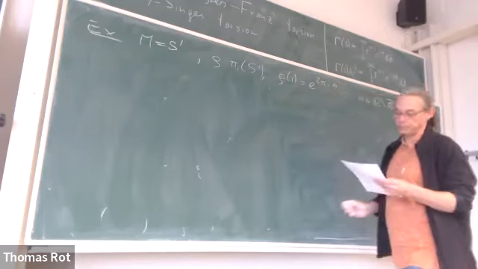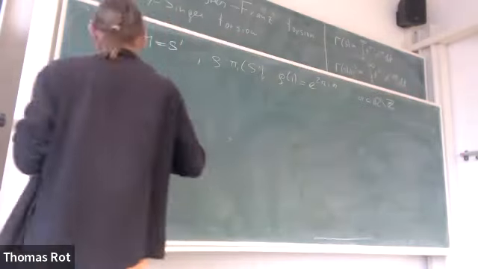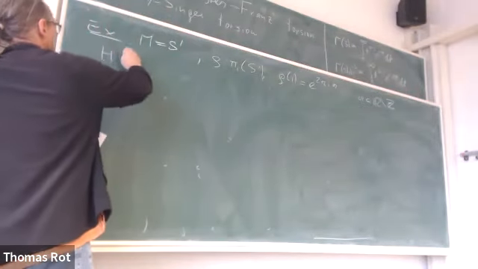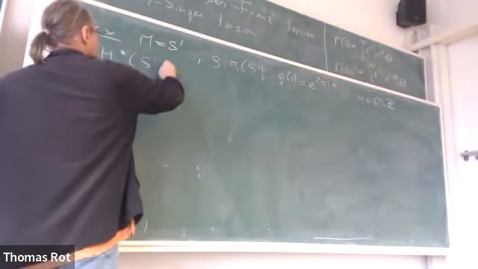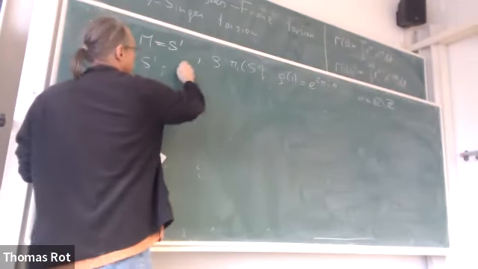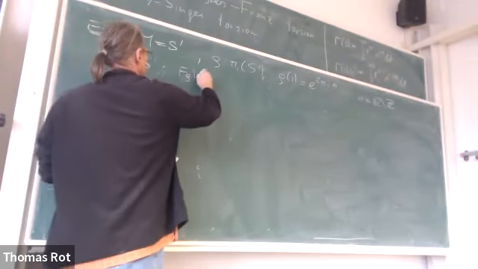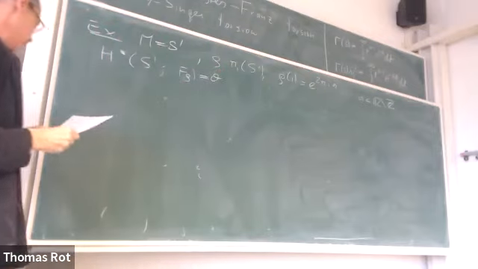In this case, we look at the cohomology of the circle with coefficients in the flat bundle you get from this representation, and we have a torsion.